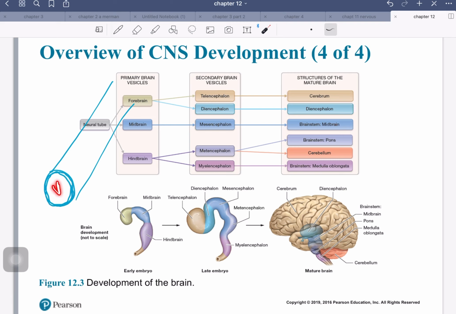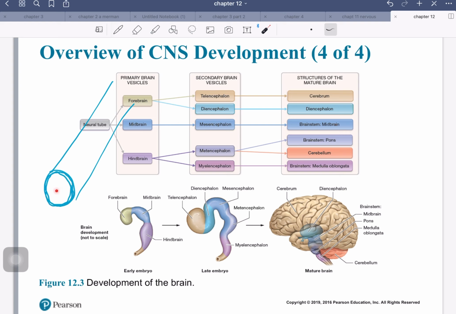Well, this empty space within the inside of the tube is really going to be elaborated and become part of the ventricles. Also, when we quickly talked about the spinal cord, it has a canal that runs right down the center of it, which is called the central canal. And of course, this space is seen in the central canal of the spinal cord.